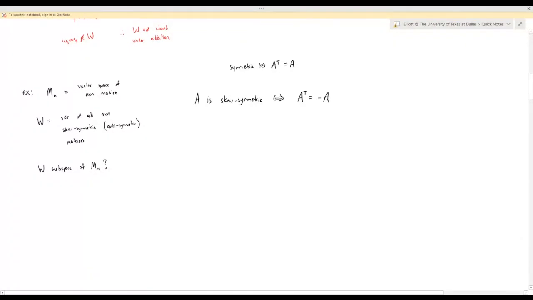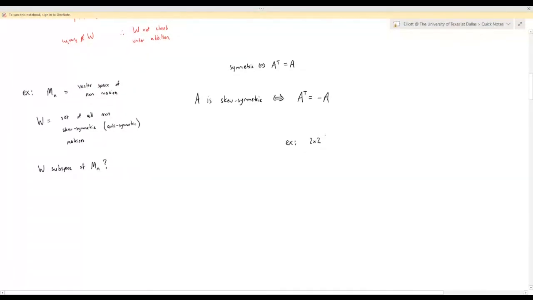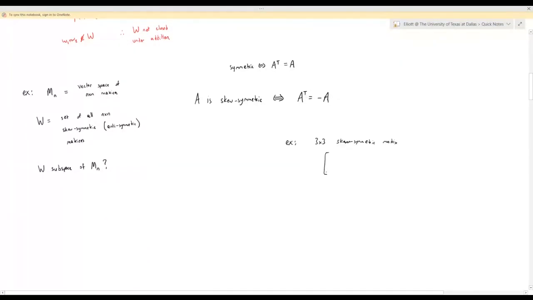Yeah, so we'll look at an example, to see what a skew symmetric matrix looks like real quick.